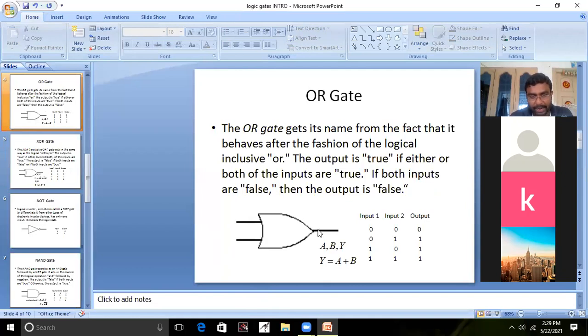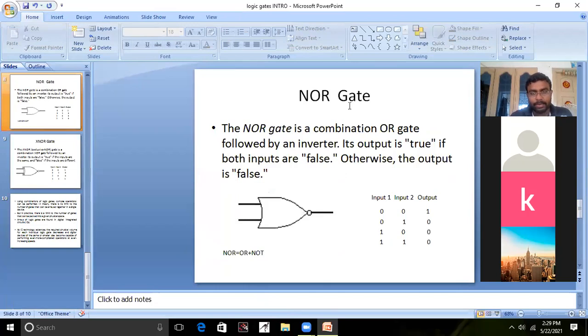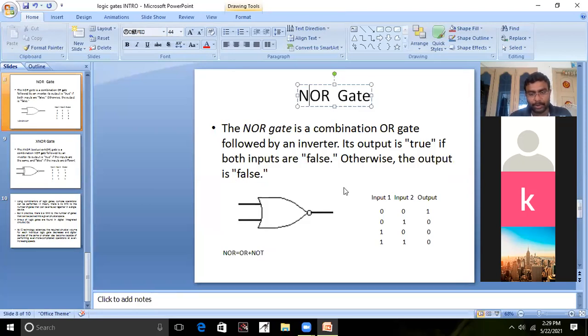Now, if I add an extra inverter here, that OR gate will become a NOR gate. NOR means NOT plus OR. NAND means N plus AND, where N means NOT gate. So by adding an inverter at the output terminal of the OR gate, I'm getting a NOR gate.